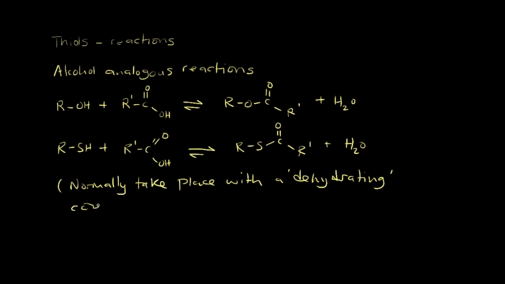Now, an example of this is something called DCC, which is dicyclohexylcarbodiimide. You can look that up on Wikipedia. And the essence of this coupling agent is that it takes water away from the reaction and encourages the equilibrium to the right hand side, thereby completing the chemistry, because normally these reactions are 50-50 true equilibrium.